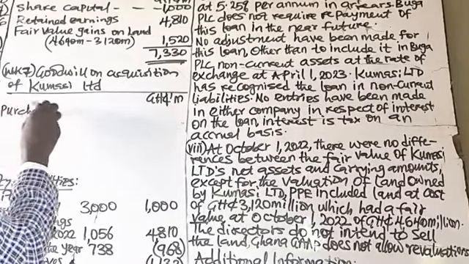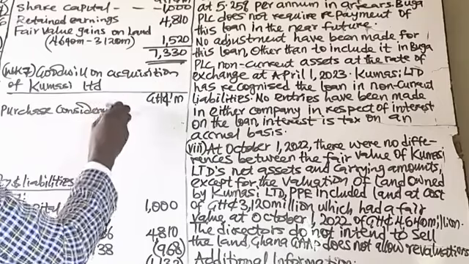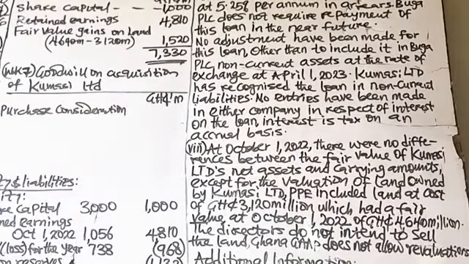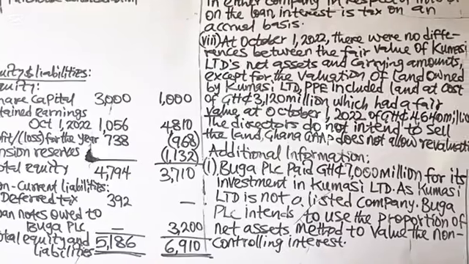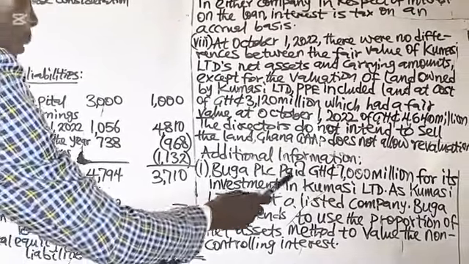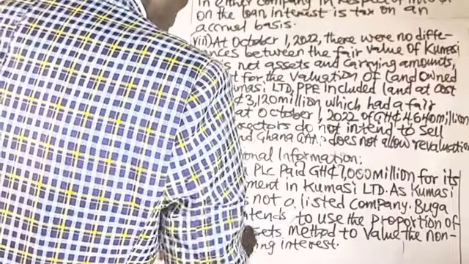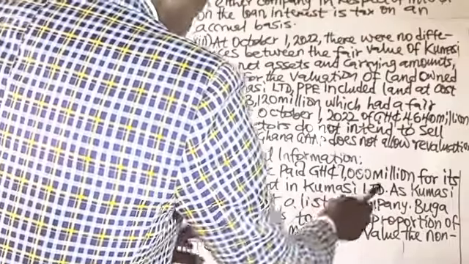Purchase consideration. And how much is the consideration transferred on acquisition of Kumasi Limited? Go to note 1. In note 1, you were told that Buga PLC paid 7 million Ghana cedis for its investment in Kumasi Limited.